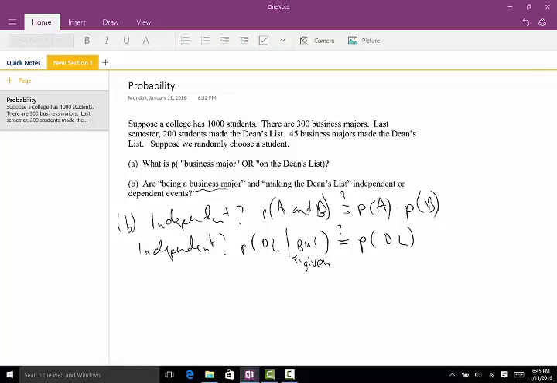This is read as "given that"; it doesn't mean divide. It's a vertical slash, called conditional probability. That is, is this information about the student's major relevant in predicting whether or not they made the dean's list? That's why this is such an important idea in statistics.